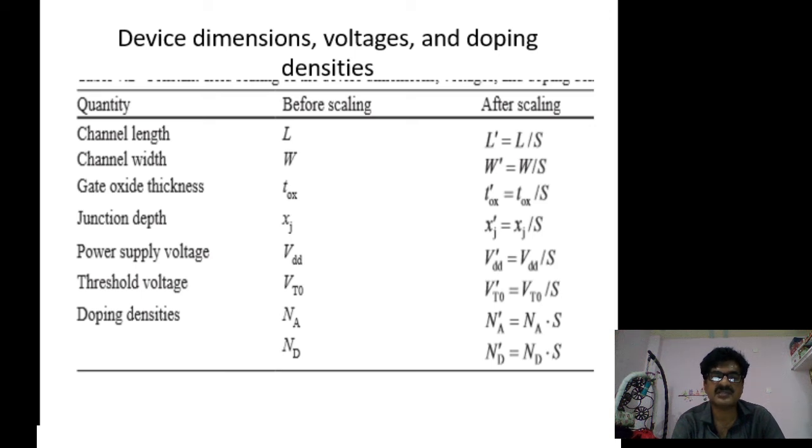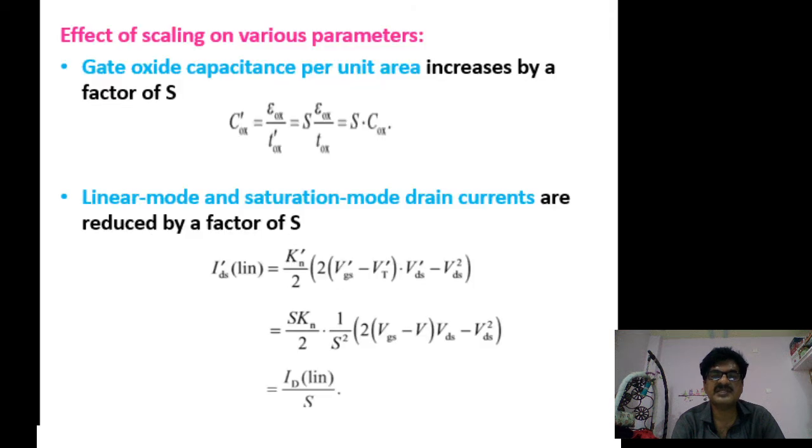With this type of constant field scaling, let us see the effect on the device parameters, like gate capacitance per unit area, drain current, delay, etc. Let us take the expression for the gate capacitance per unit area and substitute the scaling factor on each and every parameter.